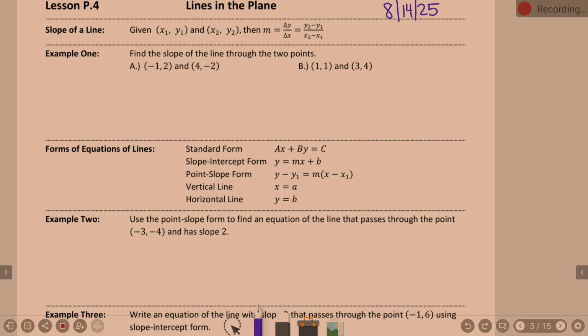First thing, slope. How do we find slope of a line? They show the option of given two ordered pairs, x1, y1, and x2, y2. You could do y2 minus y1 over x2 minus x1. Or that change in y over change in x. That triangle is delta, and it means change.